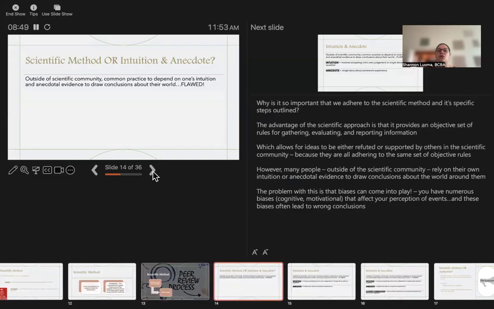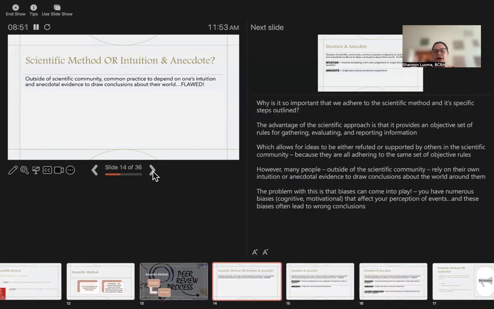Okay, so why is it so important, right? Why am I hounding on us using this scientific method and the specific steps that are outlined and doing exactly what those steps say to do? The advantage of using a scientific method or a scientific approach is it provides an objective set of rules that is applied to the entire scientific community for gathering, evaluating, and reporting information, right?